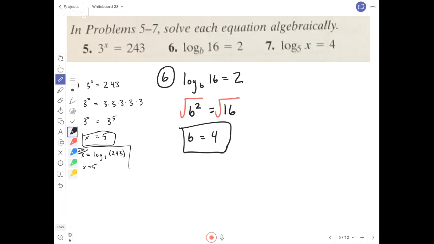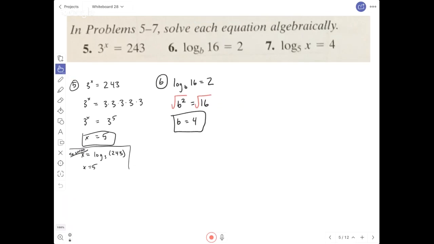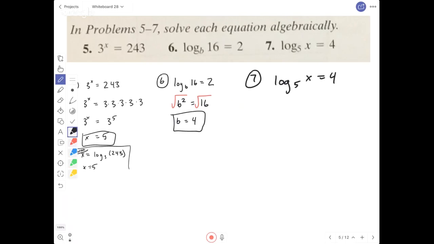Log base 5 of x equals 4. So let's see. That means that here, I'm on number 7. Let's move 6 a little smaller. Number 7. Log base 5 of x equals 4, so that 5 to the 4th equals x.